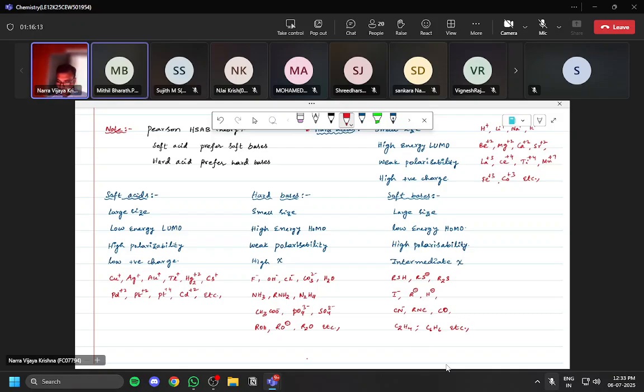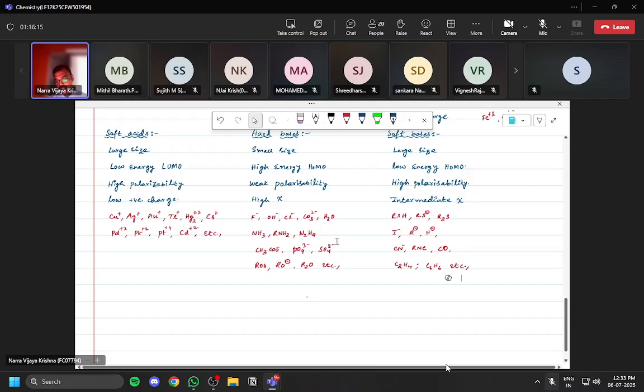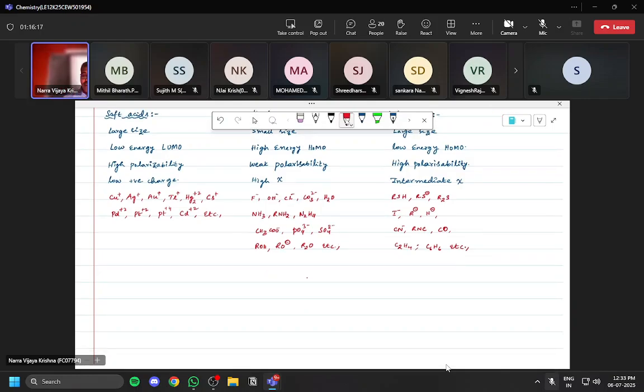Now, borderline. In acids, borderline is there. In bases, also borderline is there. Those able to bond via hydrogen bonding molecules are all borderline.